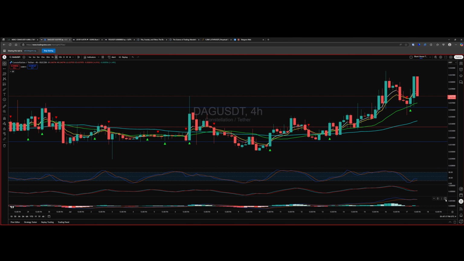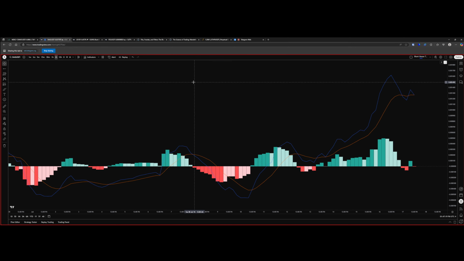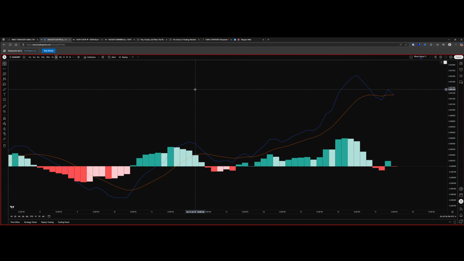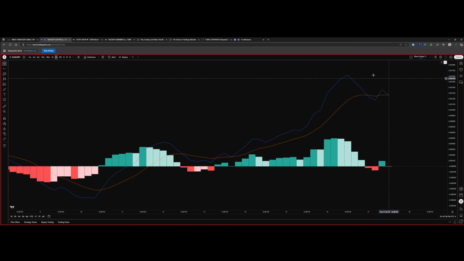And when you look at this, this is the 4 hour MACD of DAG. This I don't like. So this is your moving average and signal line on the MACD. And obviously they're well above zero, so it's been in bullish territory.